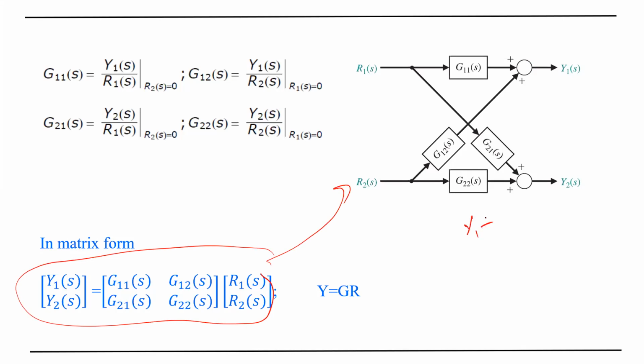Y1 equals R1 multiplied by G11, plus G12 times R2, isn't it? So it's just a graphical representation.